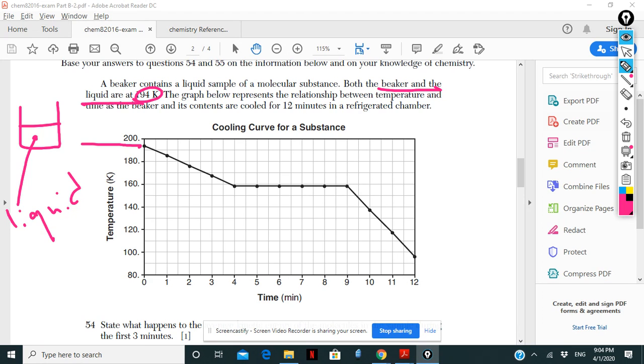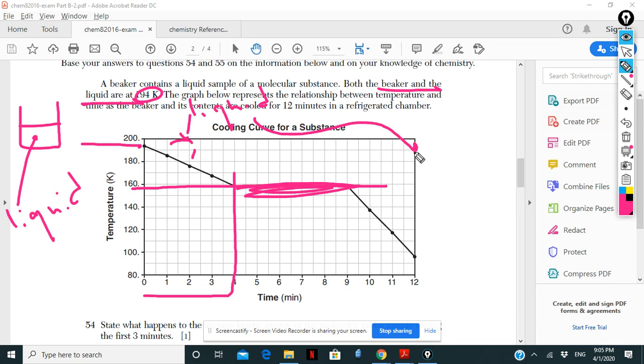If you're looking here at the time, at 4 minutes, what happened? The temperature started to remain constant. It was liquid here, and here it is constant in that area, meaning it started to convert, and by decreasing temperature it should go to solid.